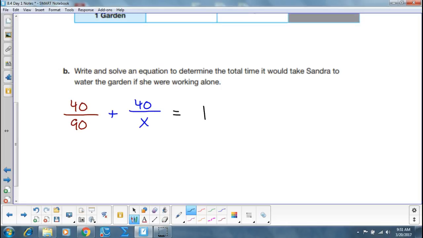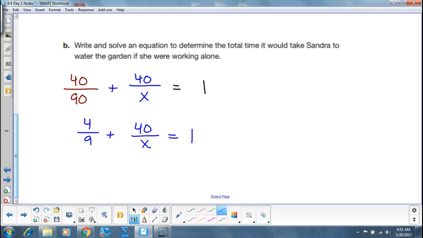Okay, all right. So I would multiply by this, or this simplifies to be 4/9 plus 40 over x equals 1, right? So I would multiply every term by 9x.